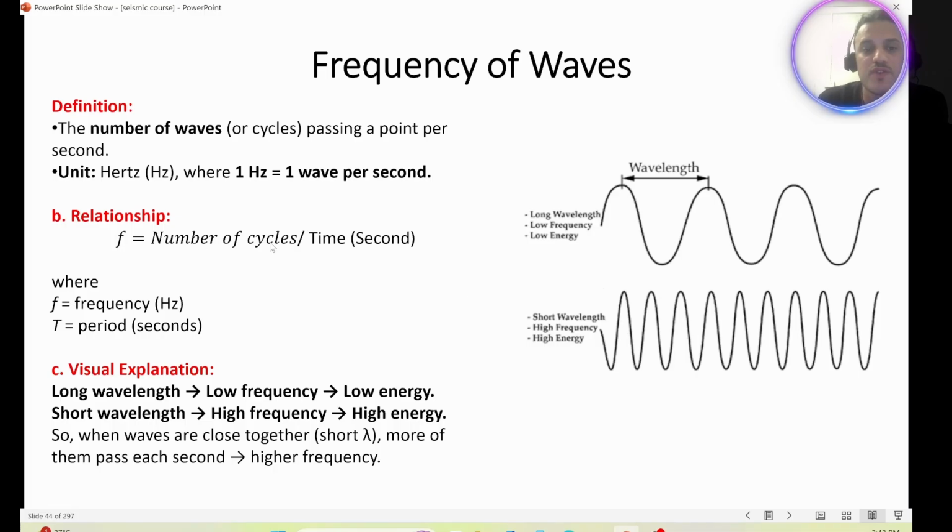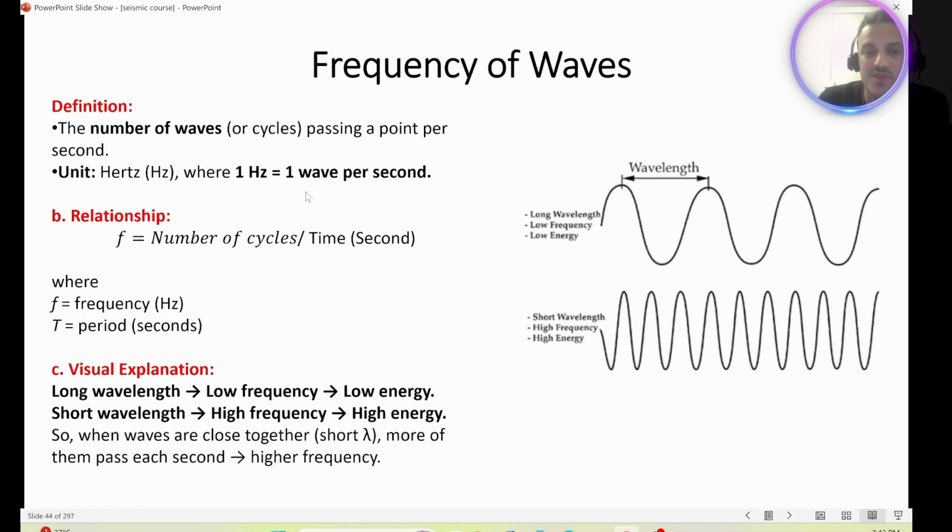So the frequency is the number of cycles per second. In 1 second, how many cycles pass? If we have 1 cycle per second, we have 1 hertz.